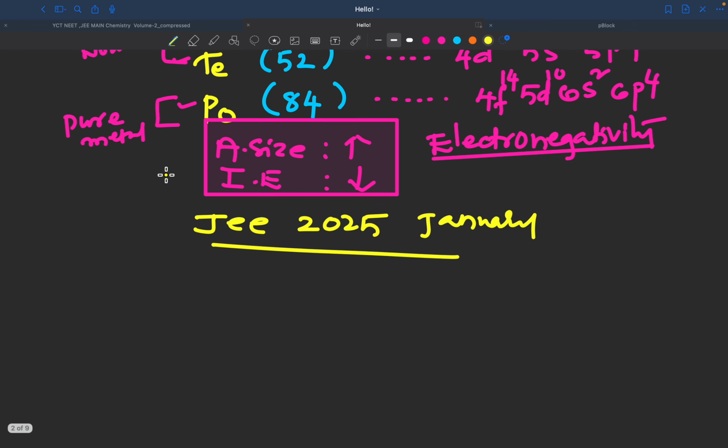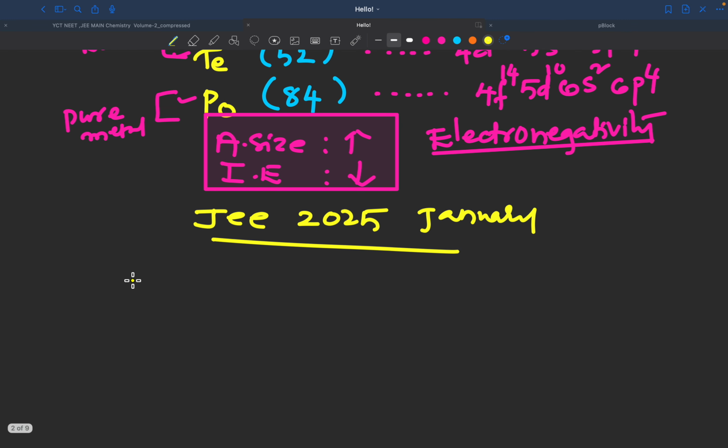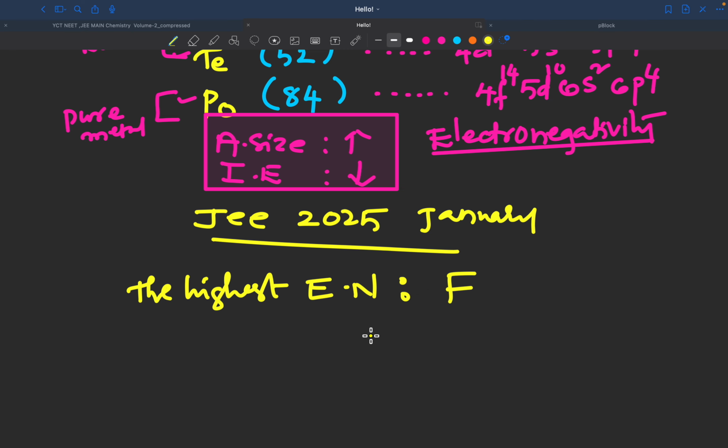Before answering this question, we'll talk about two more things. The element with the highest electronegativity is what? Fluorine, everybody knows. The element with the highest electron gain enthalpy is chlorine, isn't it?